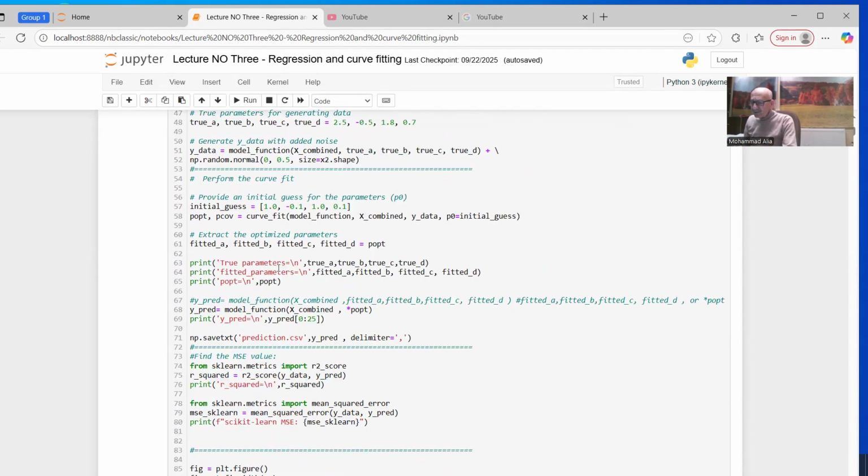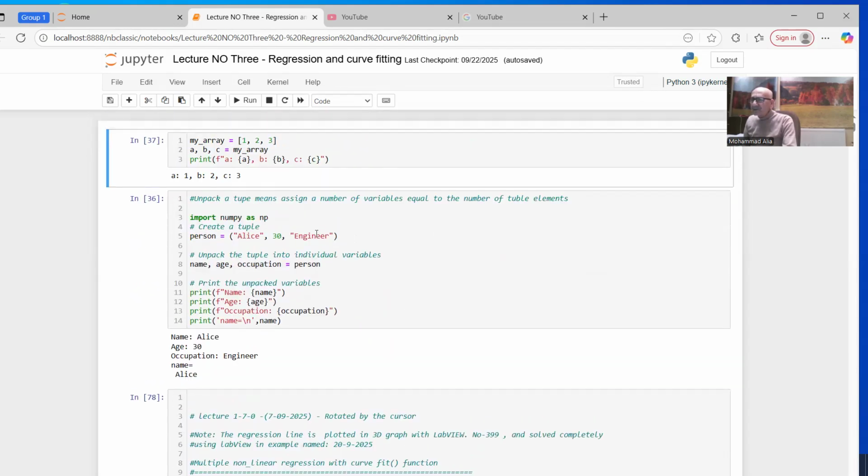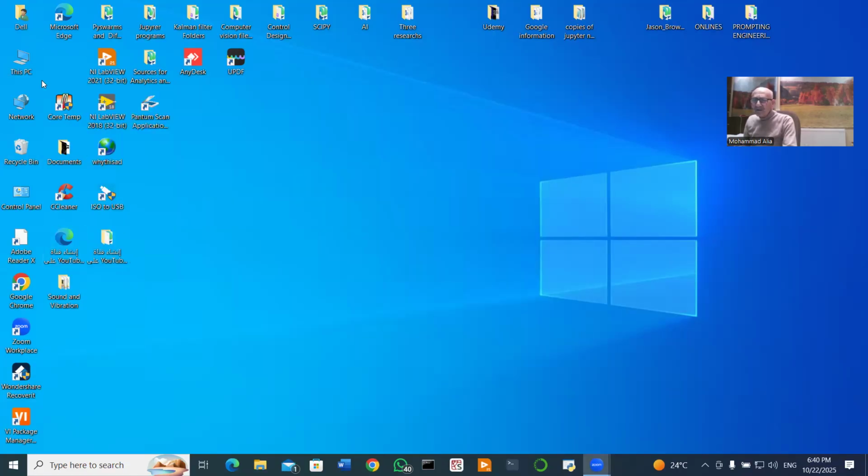At the end of the work, we got the predicted values as an array called yPredict, and I also saved this yPredict as a CSV file. This was done specially so that in this lecture I can refer to them and continue our work with LabVIEW.